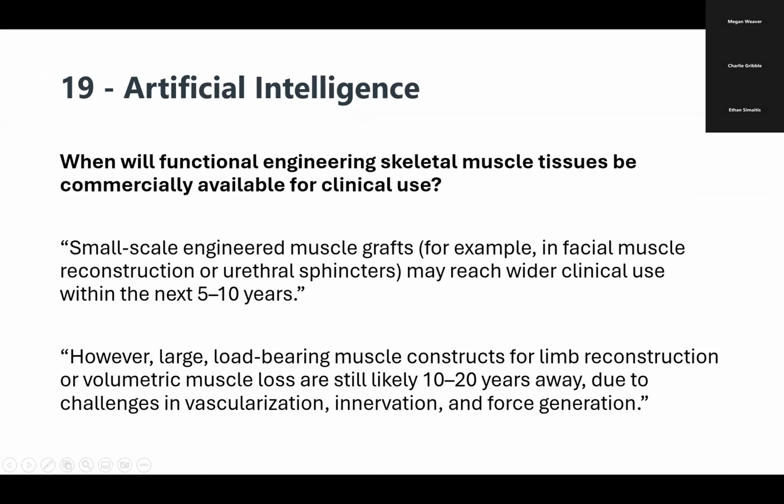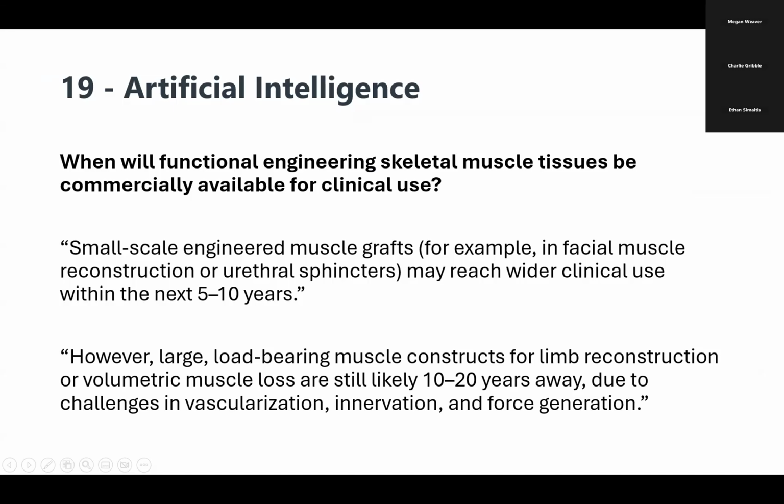Moving on, the second question asked was, when will functional engineered tissues be commercially available within this field? And these are the two main responses that I wanted to highlight, which are small-scale engineered muscle grafts would be expected within 5 to 10 years. However, large load-bearing muscle constructs would be more foreseeable in 10 to 20 years.